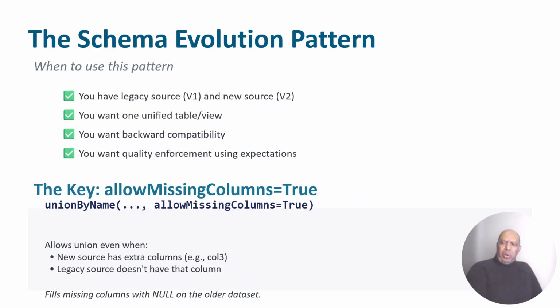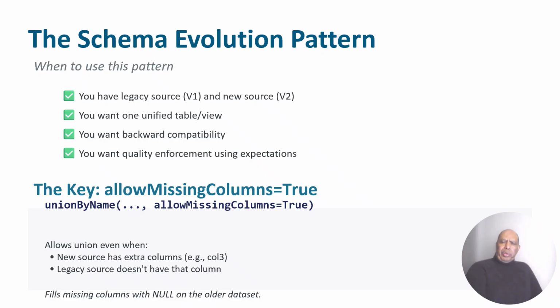With allow missing columns true, the union succeeds. It fills missing columns with null. So if the V1 source has student ID, name, GPA, and the V2 source has student ID, name, GPA, and email, V1 records get nulls for the email column. V2 records have all the columns filled. So you get one unified dataset. This is schema evolution in action.